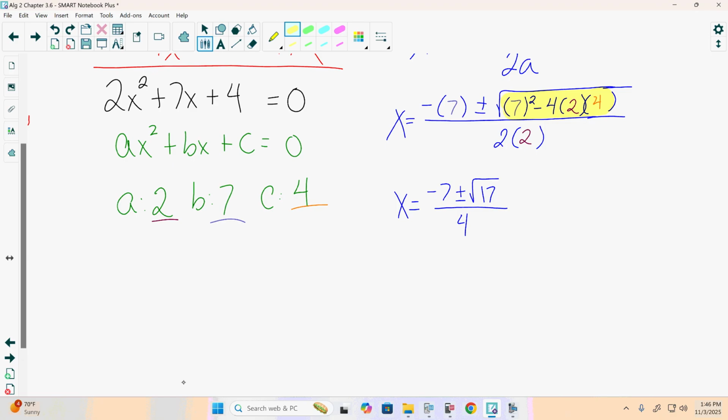If they did, we would need to have a number in front of the radical. Negative 7 and 4 don't share common factors, so this does not reduce. Even if it had been 4 square roots of 17, those would share a factor, but because the negative 7 and 4 don't, this is as simplified as it gets. So the final answer is negative 7 plus or minus the square root of 17, all over 4.